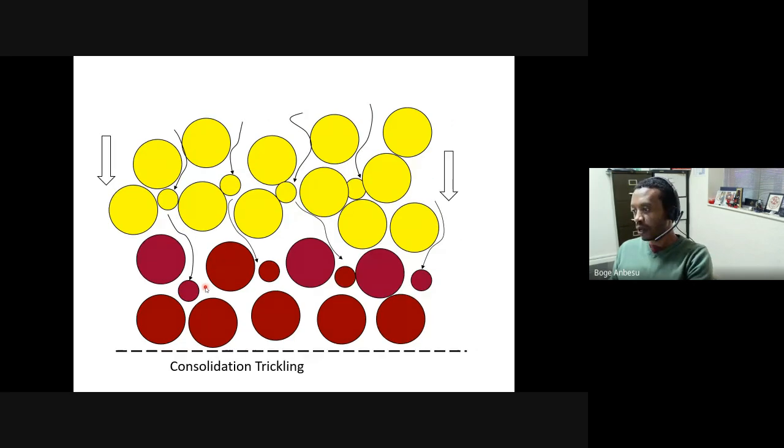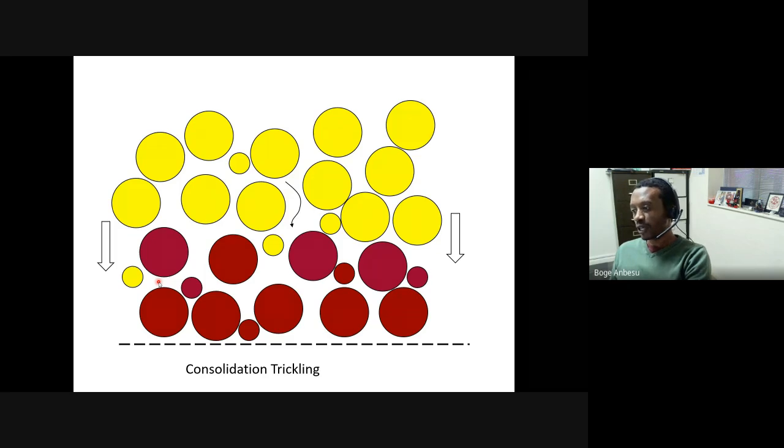If you allow enough time, the fine, small, dense ones can come and settle together with the large dense particles. We call that consolidation trickling, where at longer periods of time during the settling, those dense particles can make their way and be separated as well.